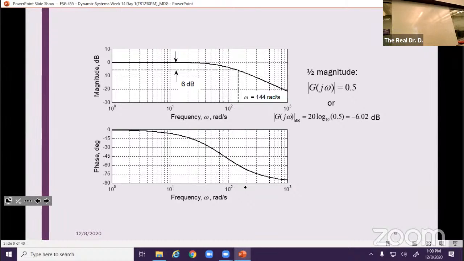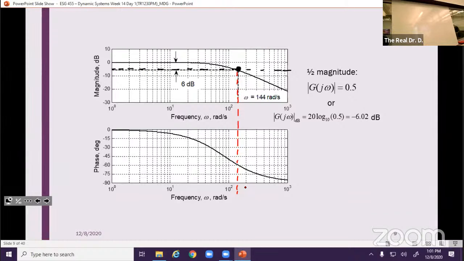That is this line right here. I draw a line, and where this intersects my Bode plot, I will come down and read my frequency off. And that happened at 144.33 radians per second, like we calculated.